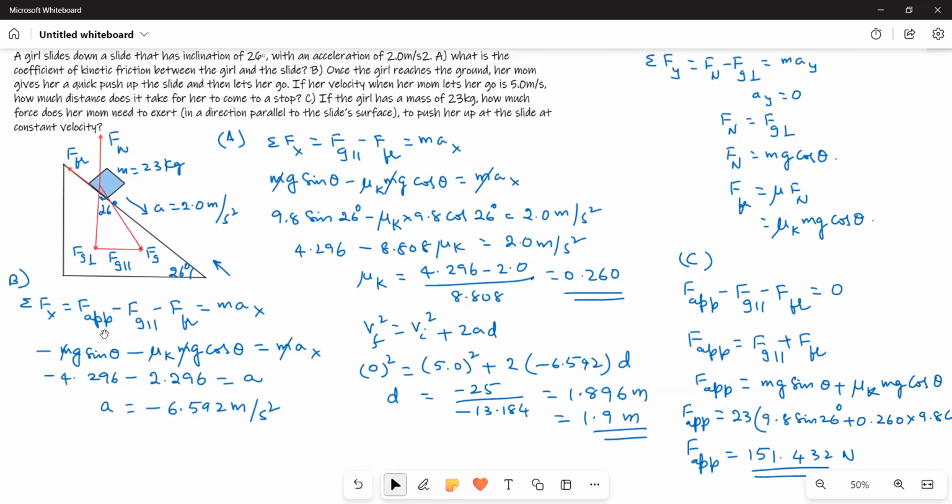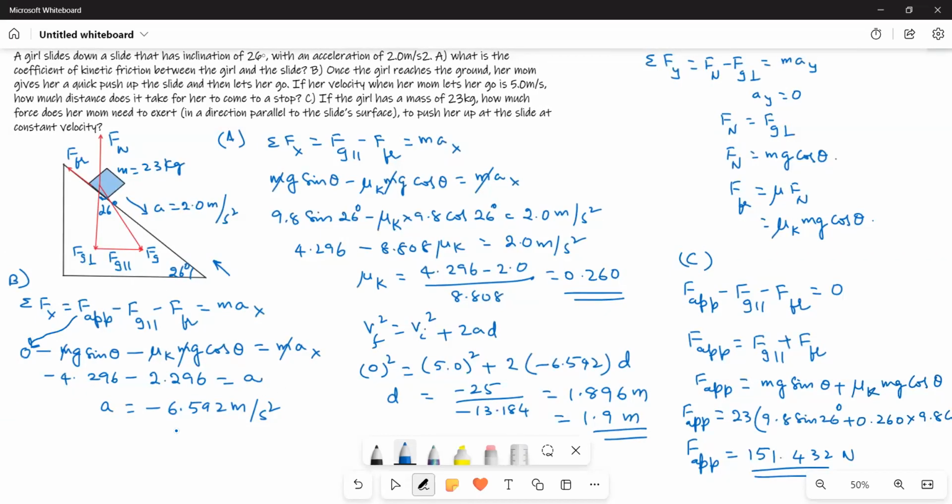So the push is only the kickstart to the child to go up. It is not always there. So when the girl starts moving, the F applied becomes 0 and then Fg parallel minus F friction is equal to max. That is why I haven't put anything here. For your understanding, I will put this as 0 minus this one. So that means F applied is equal to 0.